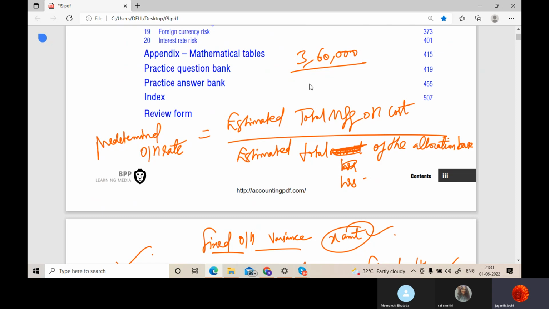So how many hours we have budgeted? 90,000. So what is the predetermined overhead rate? 4. Okay, it is $4 per machine hour. So we estimated 90,000 hours. We estimated this much as the overhead cost. So we got the predetermined overhead rate. Okay. So just make a note of this. We'll put this in the formula.